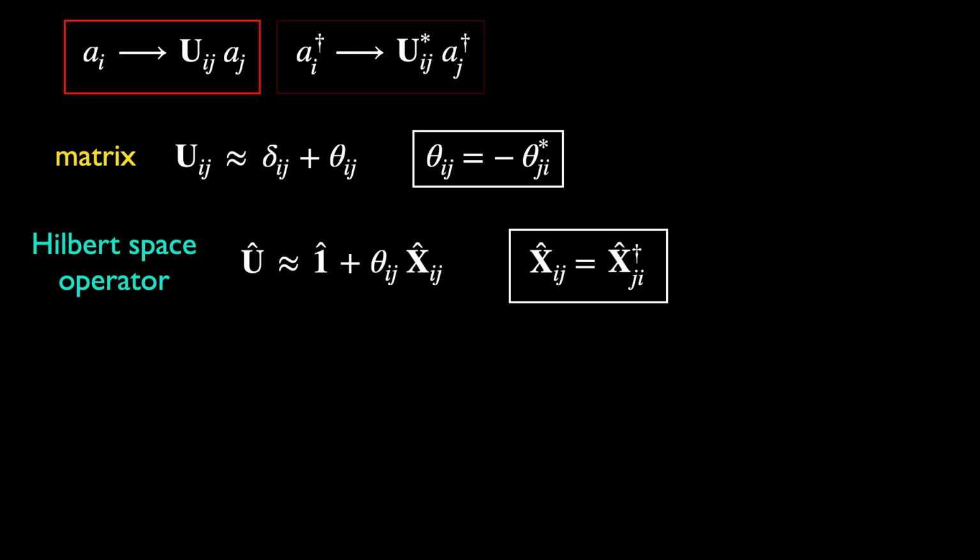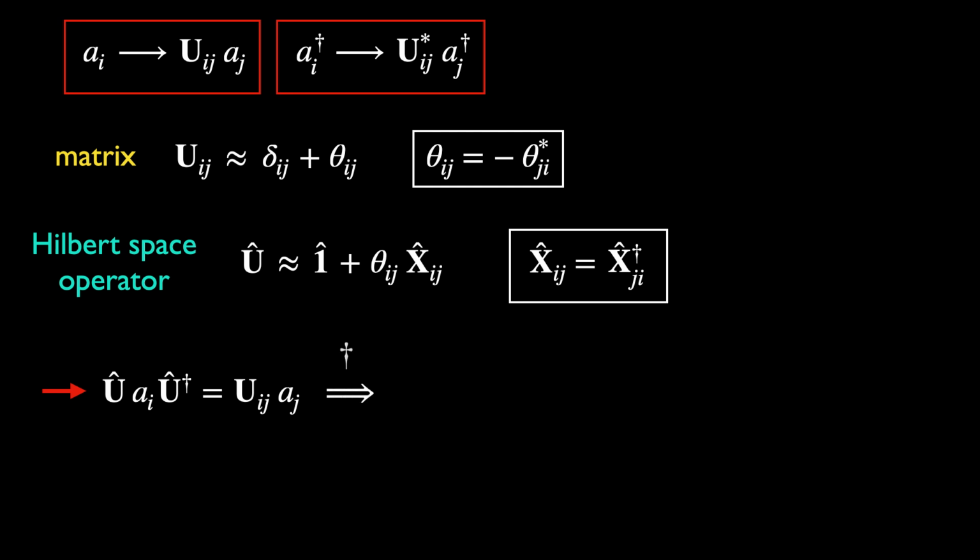Now we can implement the transformations of the ladder operators using these unitary operators. This is the way that operators transform under symmetries in the Heisenberg picture, as we have discussed in Lecture 4. Notice that we only need to work this out for the A's. After that, we automatically get the result we need for A daggers by taking the Hermitian conjugate.